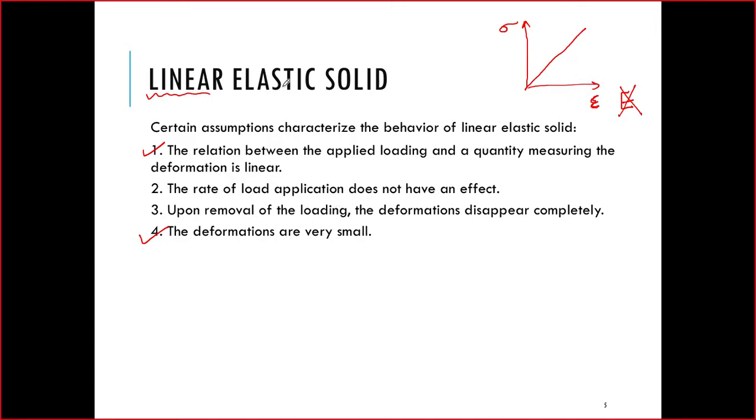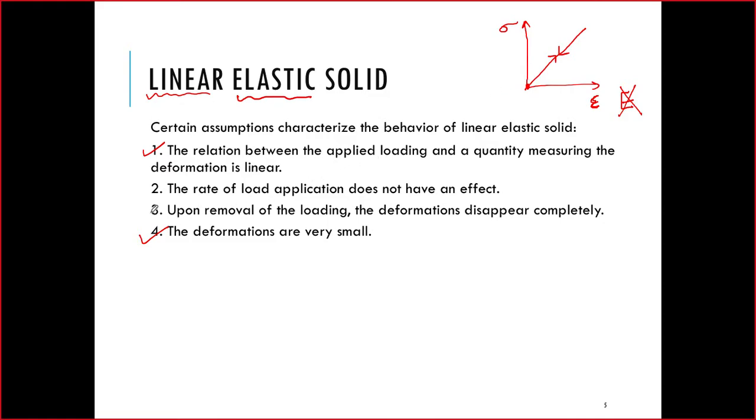Then the next thing is, let's move to the elastic part. Elastic basically means that the material returns to its original configuration when the loading is removed. That is, when I load it up, sure, it gets a strain in it, but when I remove the load, it comes back to its zero strain position. So the deformation disappears when the load is removed.